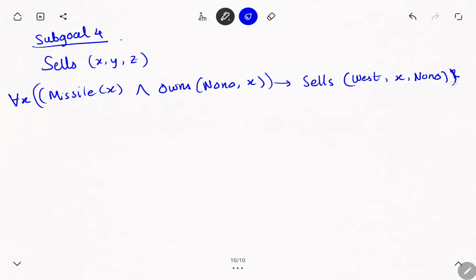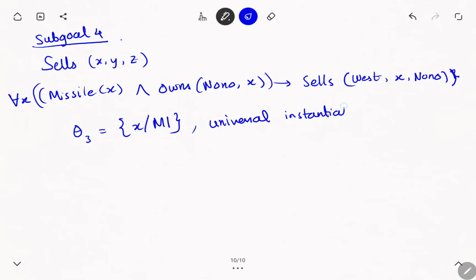So what's the only thing to be substituted over here is, okay, so this is substitution number 3, I guess. So this is x is substituted by M1. When you substitute x with M1, what do you get? And using universal instantiation, you get the left hand side as missile M1, which is true.